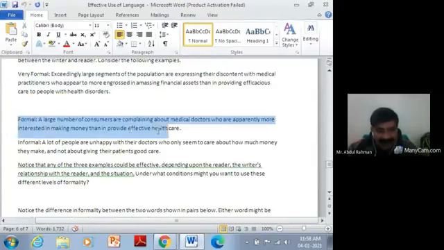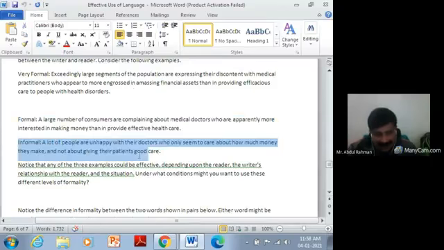Formal: A large number of consumers are complaining about medical doctors who are apparently more interested in making money than in providing effective health care. And informal: A lot of people are unhappy with their doctors who only seem to care about how much money they make and not about giving their patients good care, right?